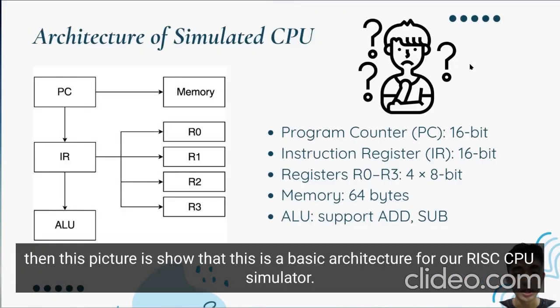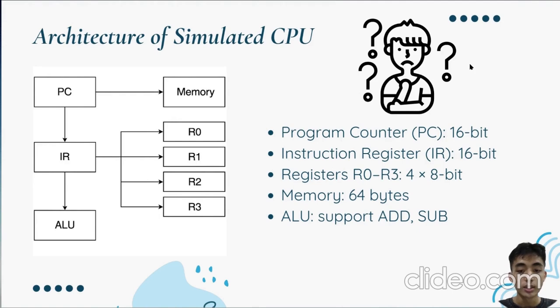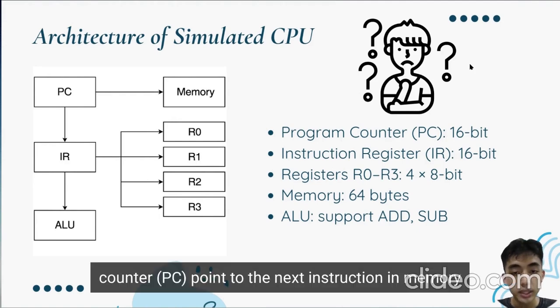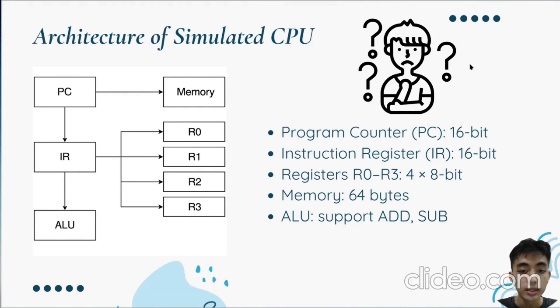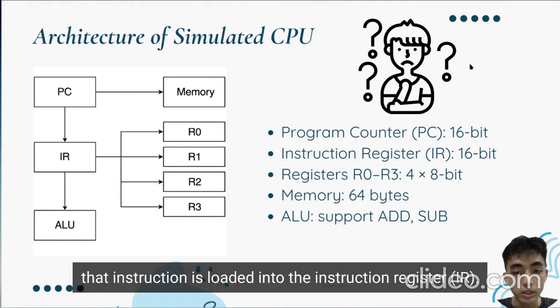This picture shows the basic architecture of our RISC CPU simulator. The program counter PC points to the next instruction in memory. That instruction is loaded into the instruction register IR.